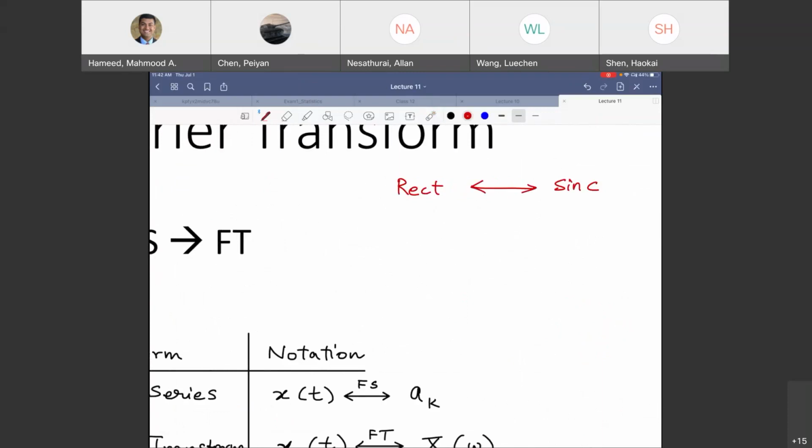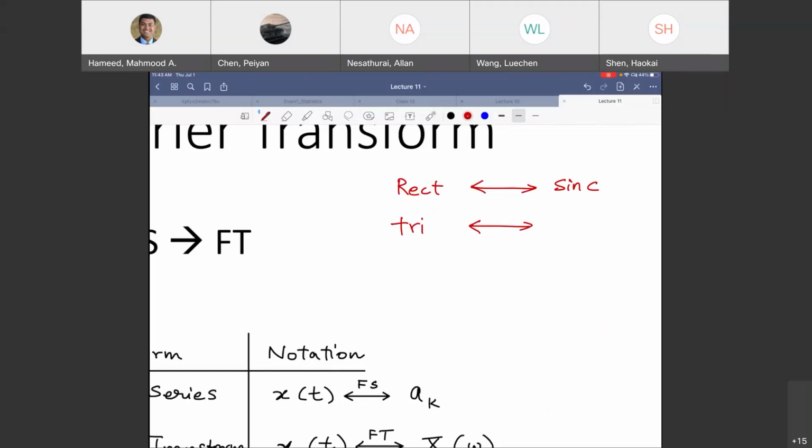Now here is a bouncer. A triangle signal is going to be what? Use the skills that you have so far and try to tell me what that is going to be. Go ahead. It would be sinc what? Derivative of sinc?